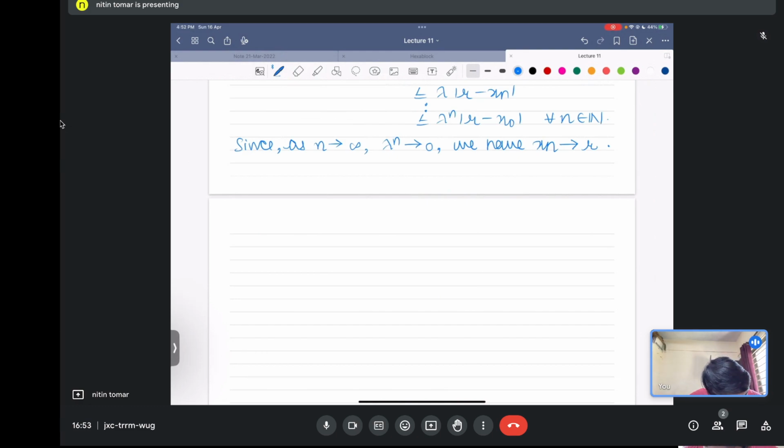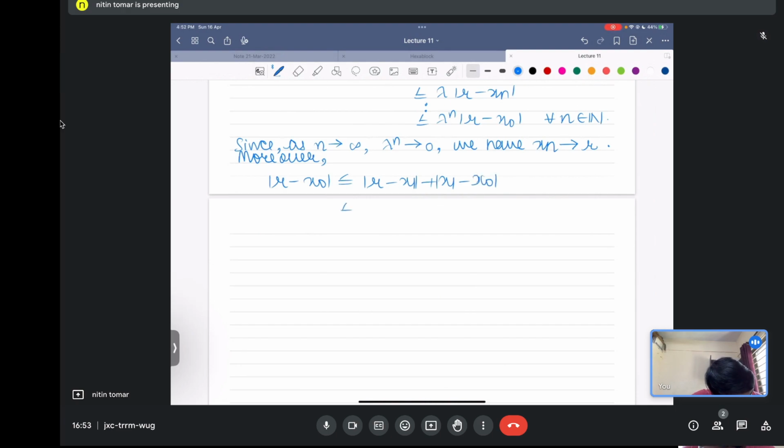Moreover, you see that |r − x0| is actually equal to |r − x1 + x1 − x0|. By the triangle inequality you can write this as |r − x1| + |x1 − x0|.